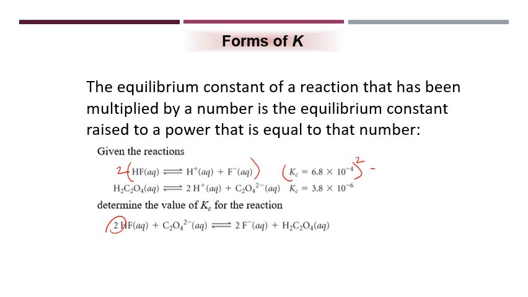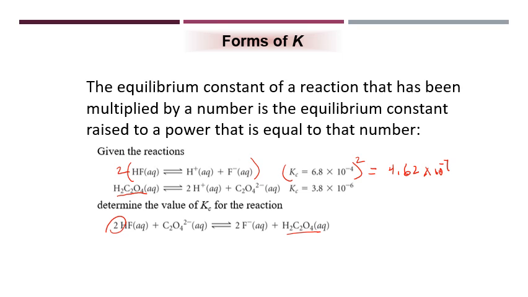and that would give me a new value for this particular reaction of 4.62 times 10 to the negative 7th power. I have the H2C2O4. Now notice with this reaction, the H2C2O4 is a reactant in the individual step. In the overall reaction, however, it's a product.